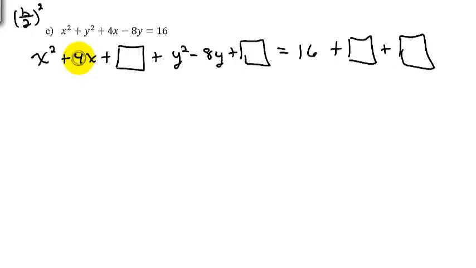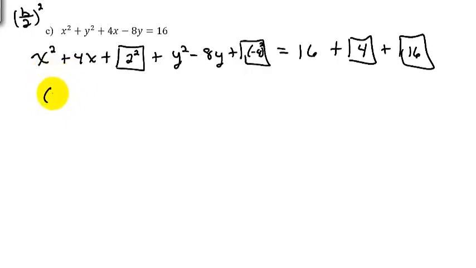So for the x's, b is 4, and 4 divided by 2 is 2, so we want 2 squared in our box. And over on the right-hand side with a 16, I'm going to put in a 4. For the y's, b is -8, and -8 divided by 2 is -4. So put -4 squared in the first box, and you just put in a 16 in the second box there.